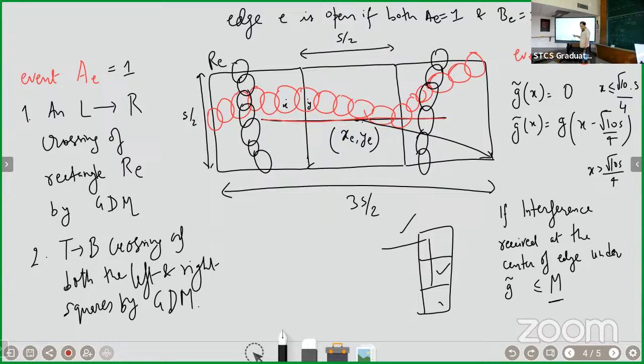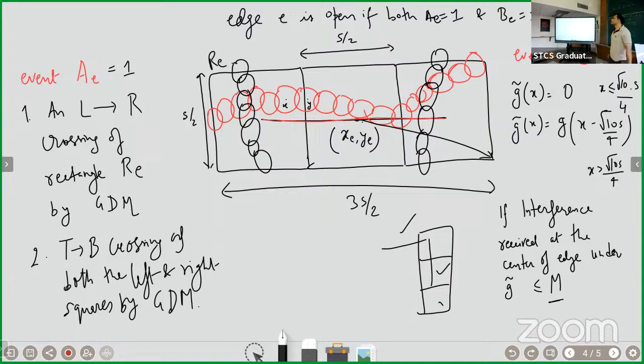Now can you say that the SINR graph percolates? All I've shown right now is that if an edge exists in the Gilbert disk model, then it also exists in the SINR model. Now you have to finish the argument saying that if the edges of the square lattice are percolating, the SINR graph is also percolating. And that is exactly the reason we have defined these two events.